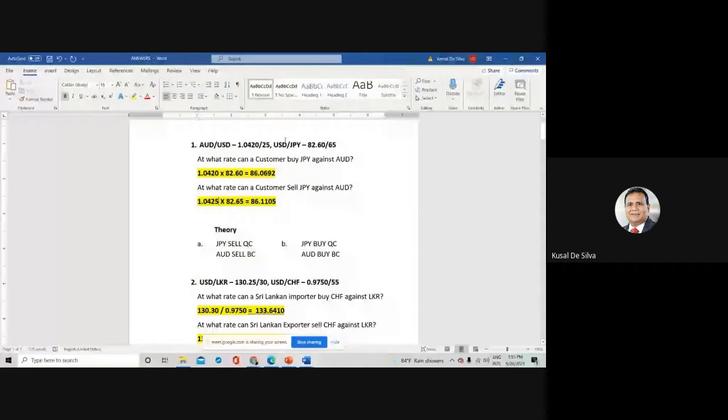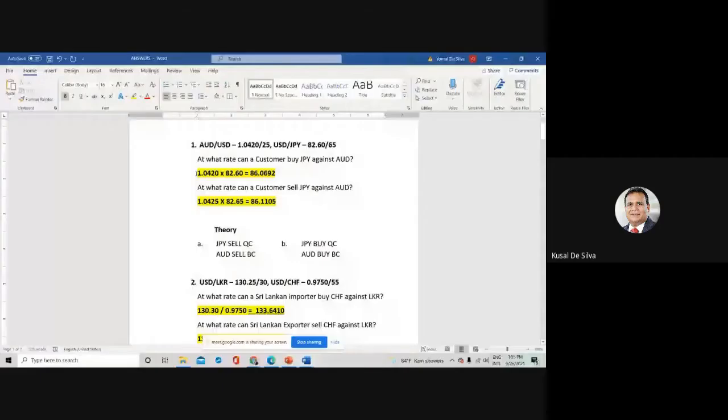So against AUD, which is the base currency, the bank will buy the base currency at 20.0420, and the bank will also sell the quoted currency. Sometimes it may be a multiplication error, but these two rates are perfect.